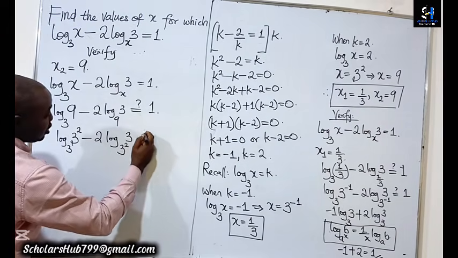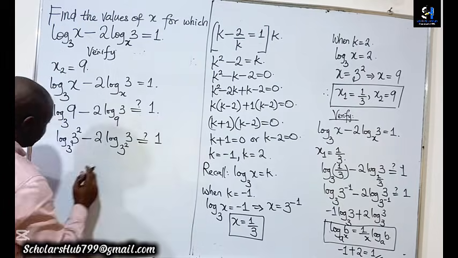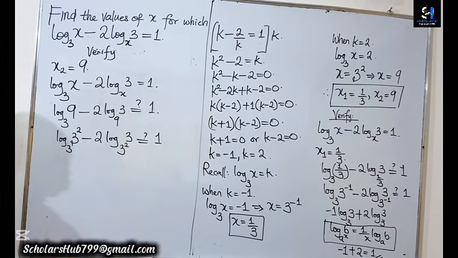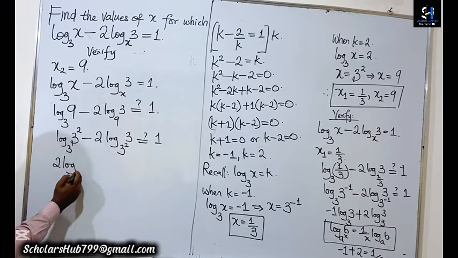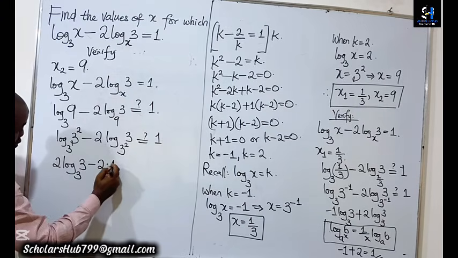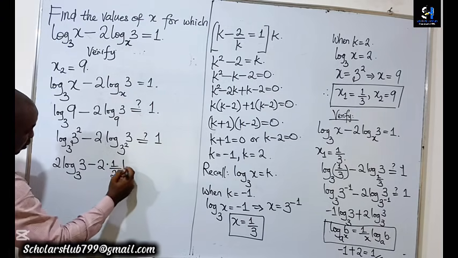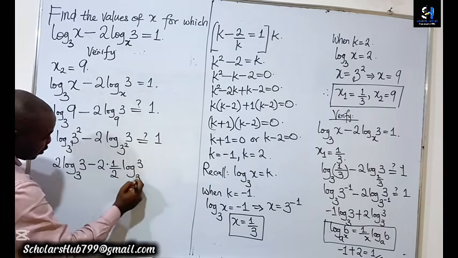Will this be equal to the right hand side, which is 1? Applying the power rule of logarithms, we have log base 3 of 3 minus 2 multiplied by 1/2 of log base 3 of 3.